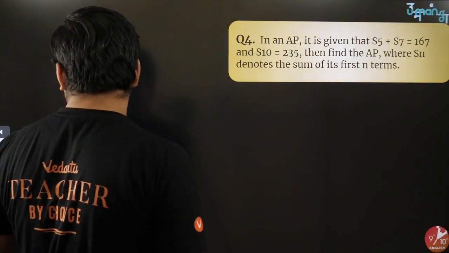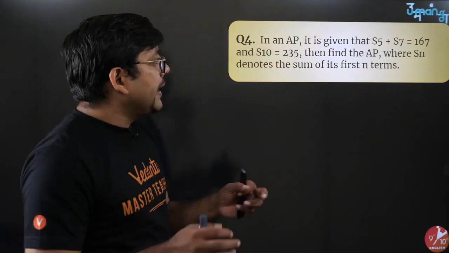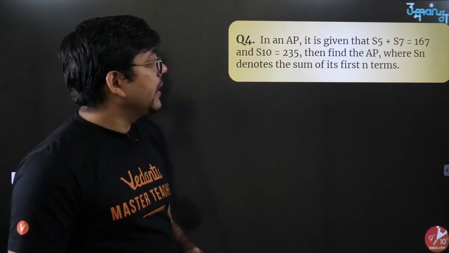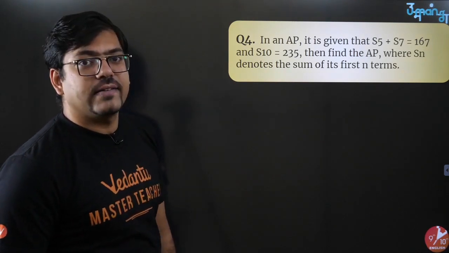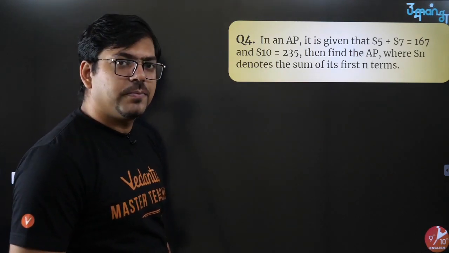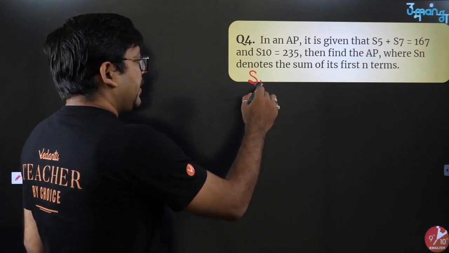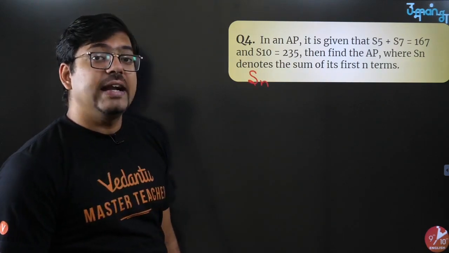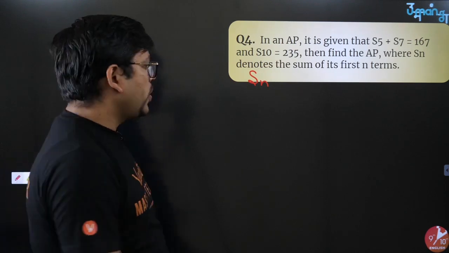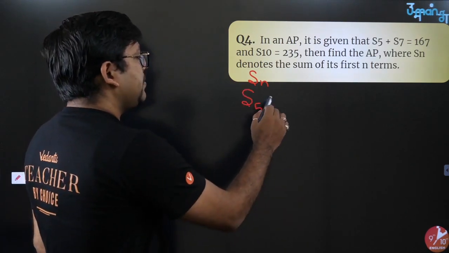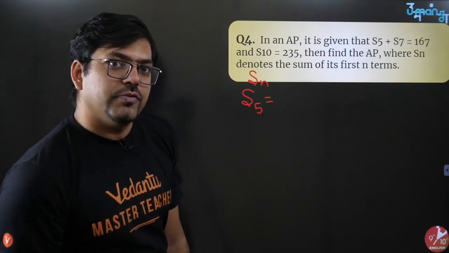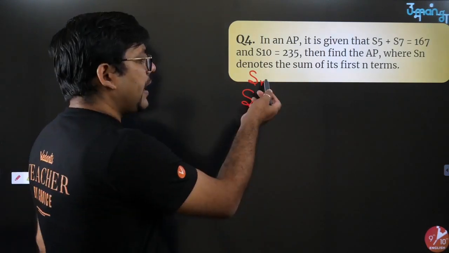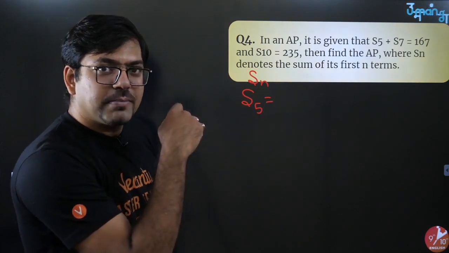The next question says, in an AP it is given that S5 plus S7 is equal to 167. Now what is this S5 and S7? If we write Sn, this means sum of n terms. So S5 simply means sum of the first 5 terms. The formula is Sn is equal to n by 2 into (2a plus (n minus 1) into d).